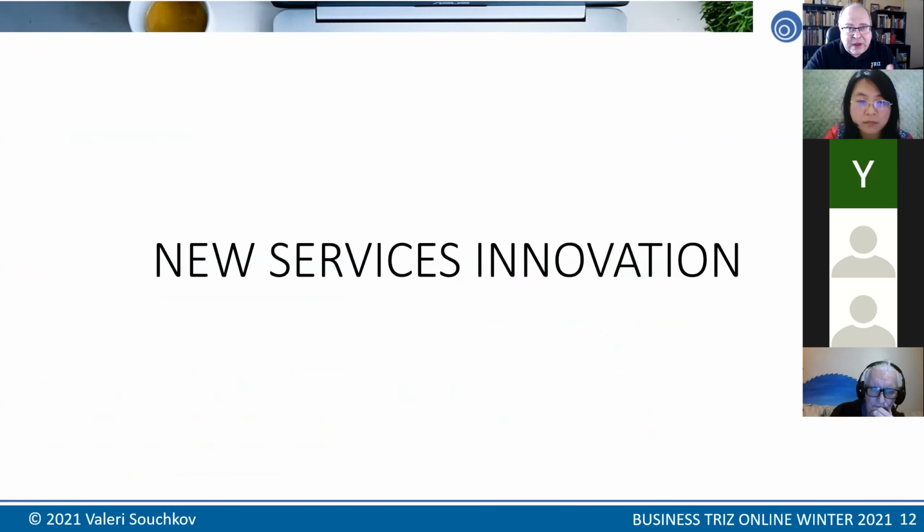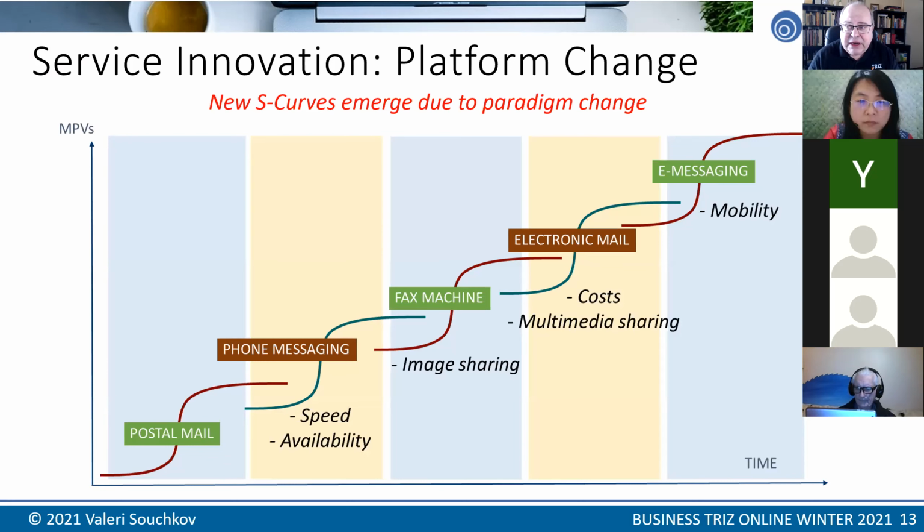And the final thing that I want to show you is a new service innovation. Well, new service innovation can be just within a certain S-curve, or it can actually bring your business to the next S-curve. Well, I guess you all know what I mean.